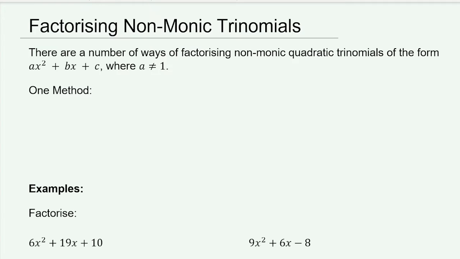We've also looked at trinomials where the coefficient of x squared is not 1, but you can pull out a common factor and then factorize from there. In this one, we can't do that, so we are going to call them non-monic trinomials and work from there.